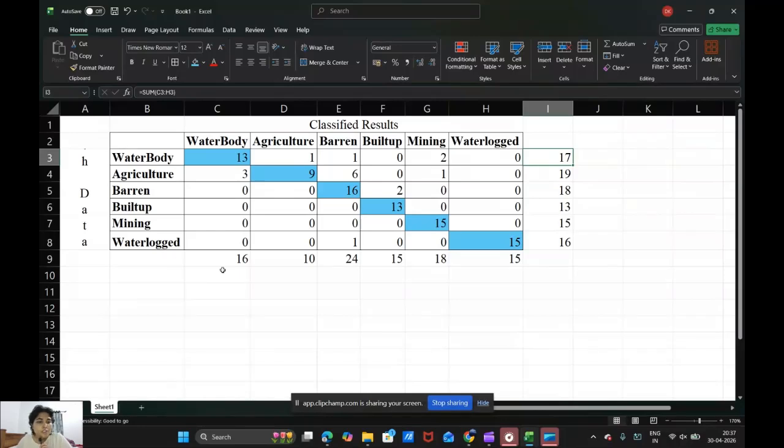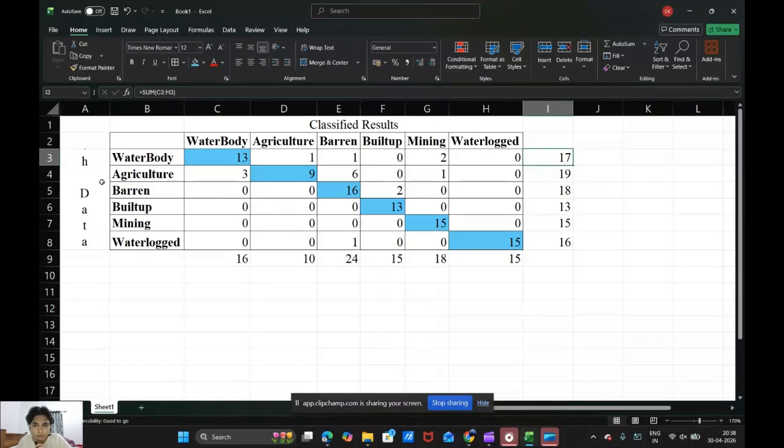Which means in our classified results, water body has 16 pixels, but out of which only 13 are correct and 3 are incorrect. In fact, 4 are incorrect in the ground truth data, and in the classified results, 16 are there, out of which only 13 are correct and 3 are incorrect. Tell me if you have understood this.